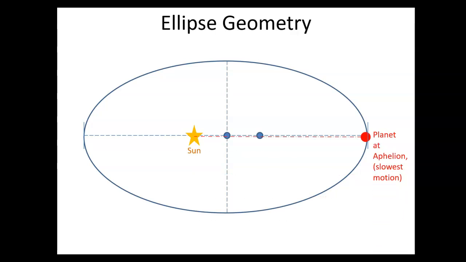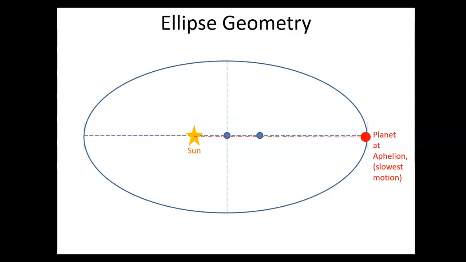Sometimes the planet, as it moves around, reaches the furthest point in its orbit, the point where it is furthest away from the sun. That point is called the aphelion point. And at this point, the planet is moving at its slowest speed.